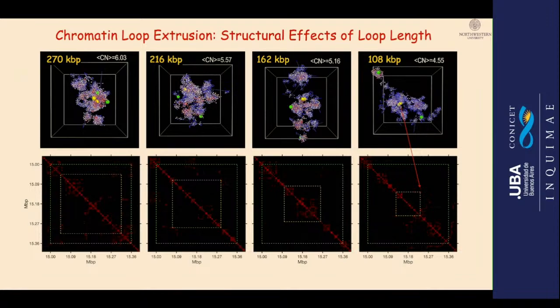This supports the view that chromatin folding is probabilistic, not deterministic, and that single-cell data reveal a richer, more heterogeneous landscape than the ensemble average alone.